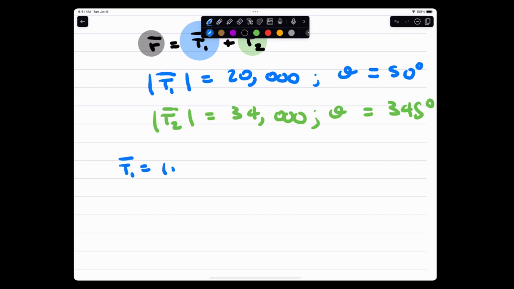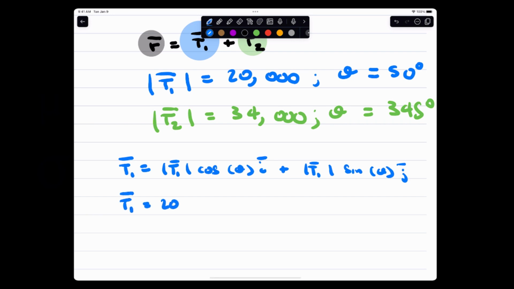T1 is the length of T1 cosine theta i, I'm going to write down the information, plus the length of T1 sine theta j. Okay, so we're going to have to get our T1 vector.